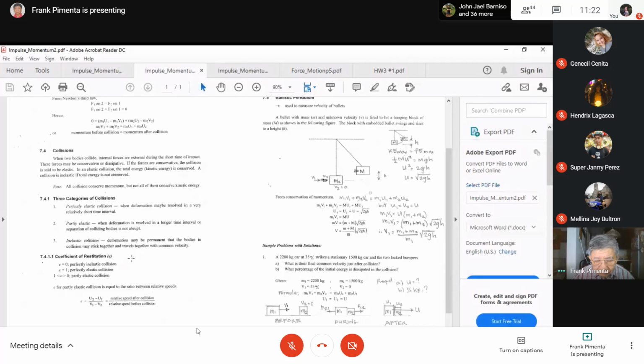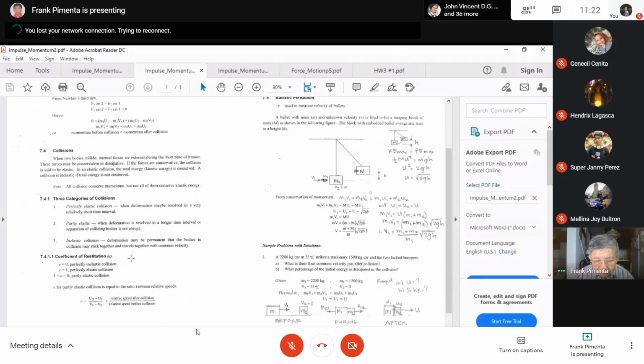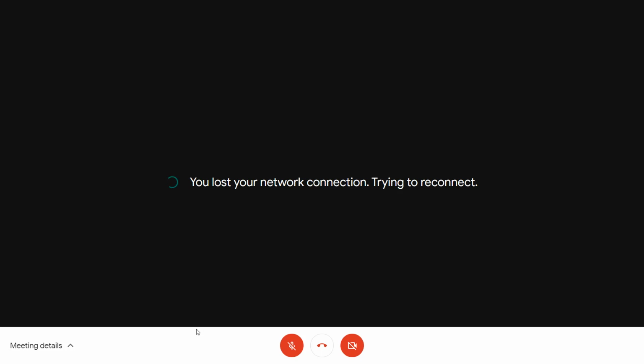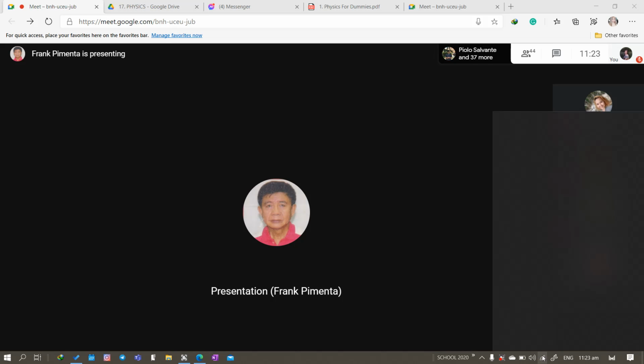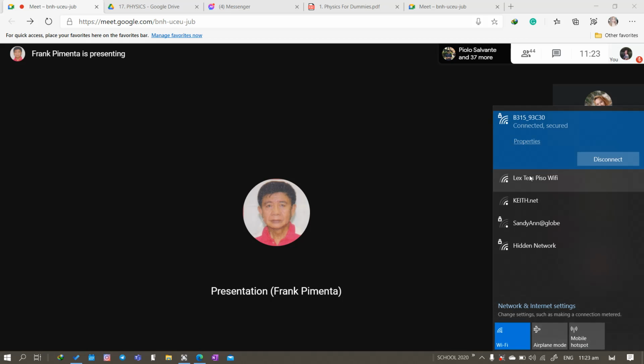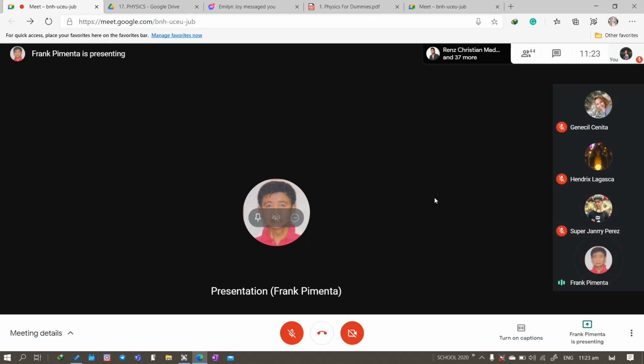For perfectly elastic collision, E equals 1, and for partly elastic collision, the value of E is greater than 0 and less than 1.